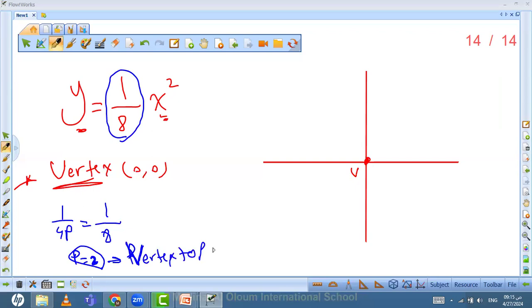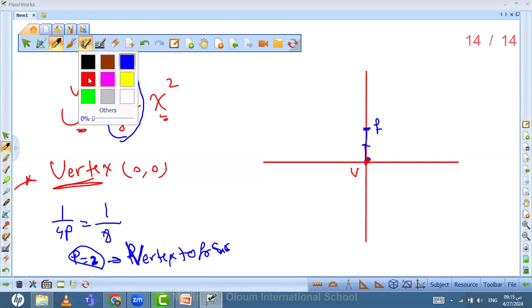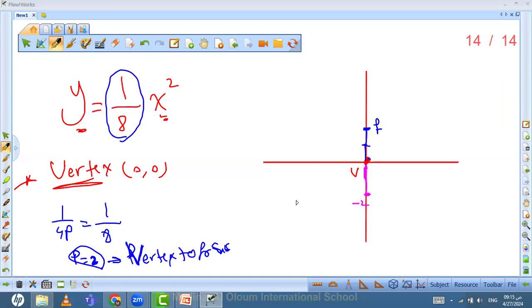From the vertex, I'm gonna go from 0, 0 up to 1, 2. This is my focus. And on the opposite side, I'll go down: negative 1, negative 2. This is my directrix.